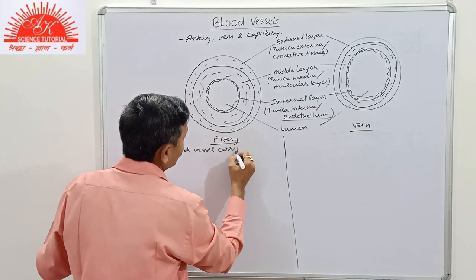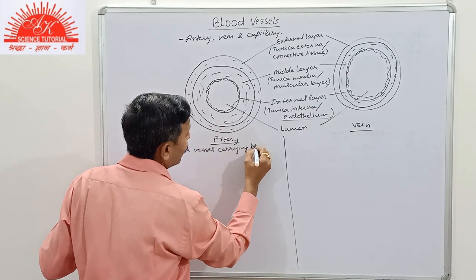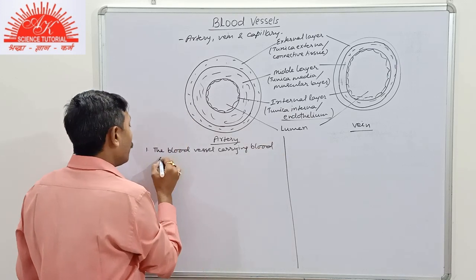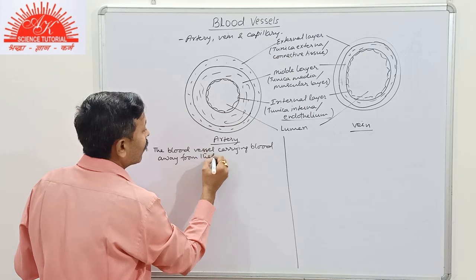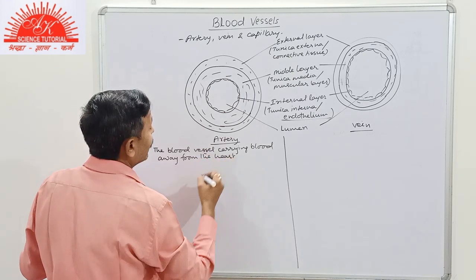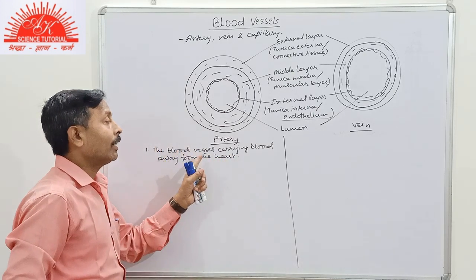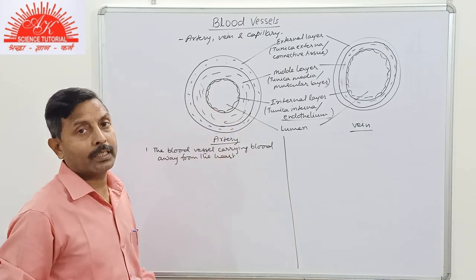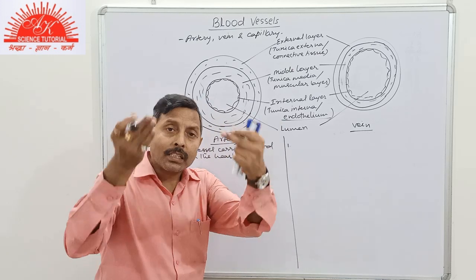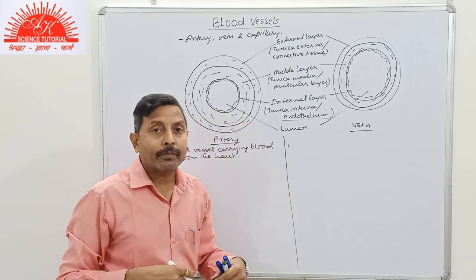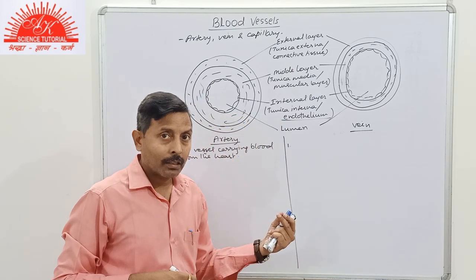carrying blood away from the heart, that is, it carries blood from the heart to different organs or different parts of the body, whereas the vein brings blood from different parts of the body to the heart.